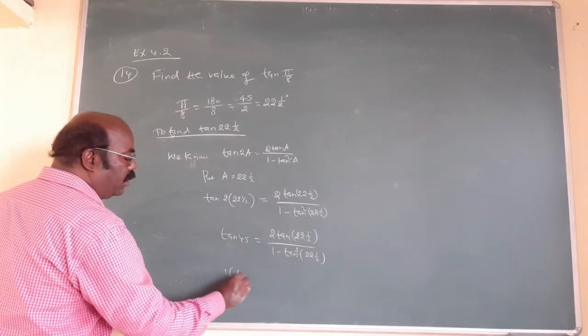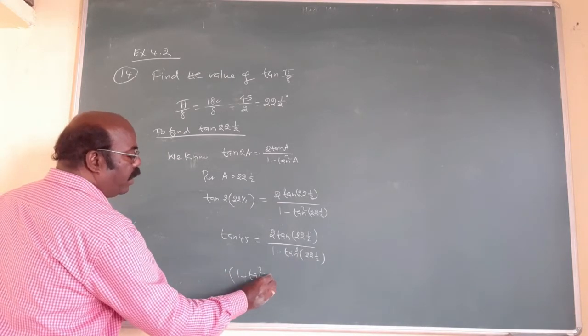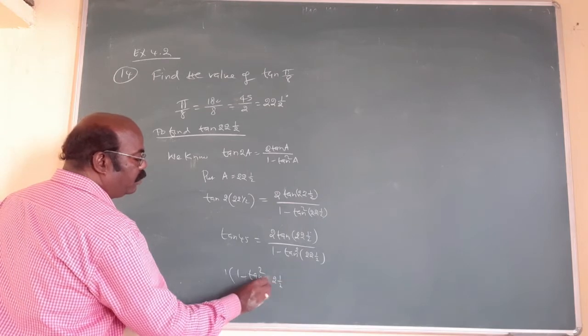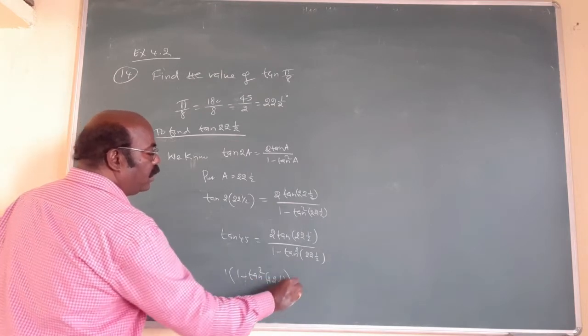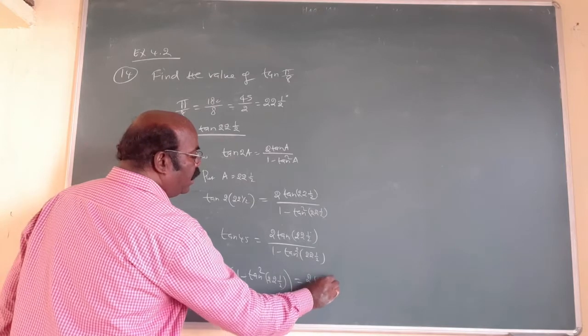Cross multiply: 1 minus tan square 22 and a half equals 2 times tan 22 and a half.